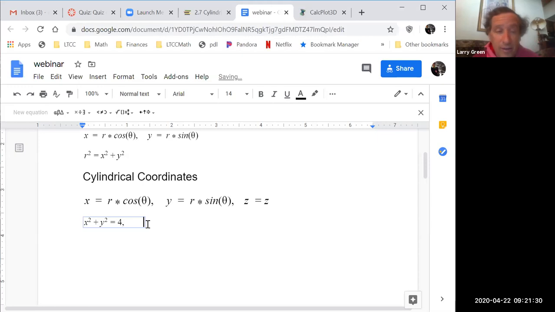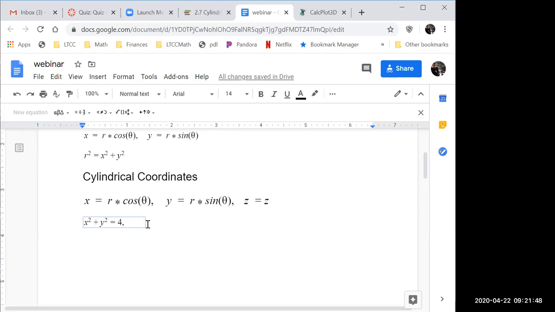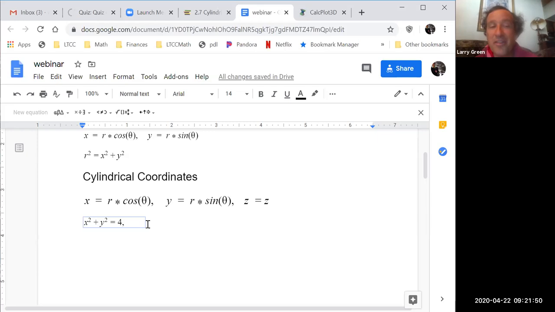How can you convert that to cylindrical coordinates? The hint is it's very easy. So in cylindrical coordinates, it is z equals z. I like Victor's answer. r equals 2.